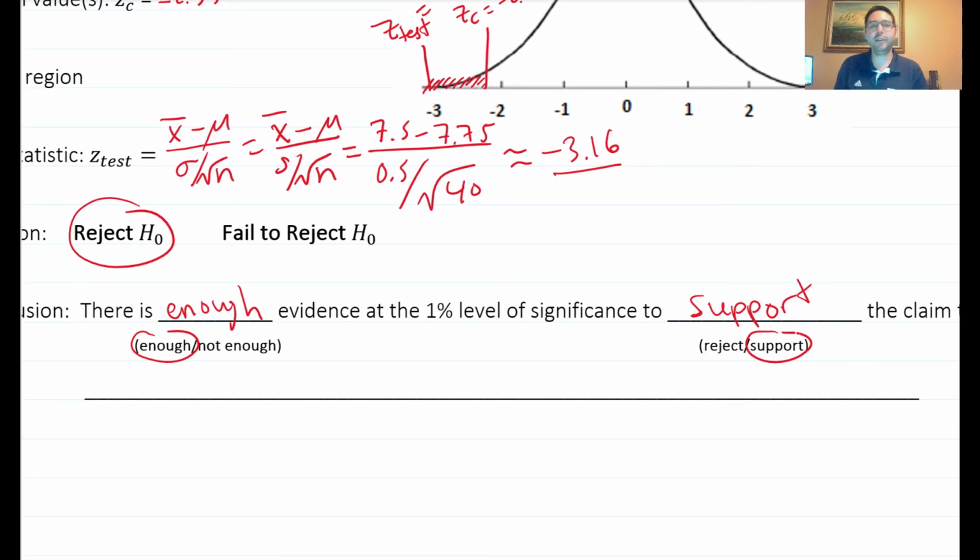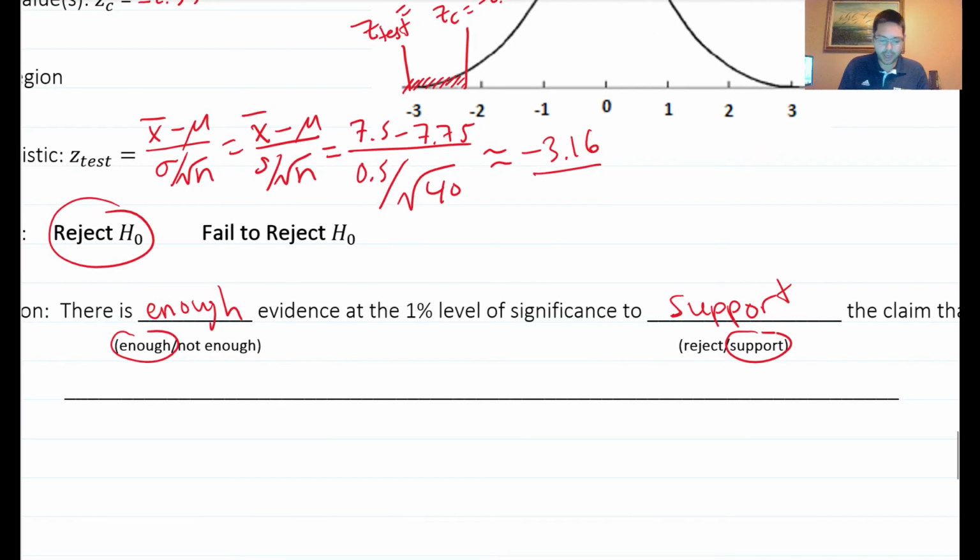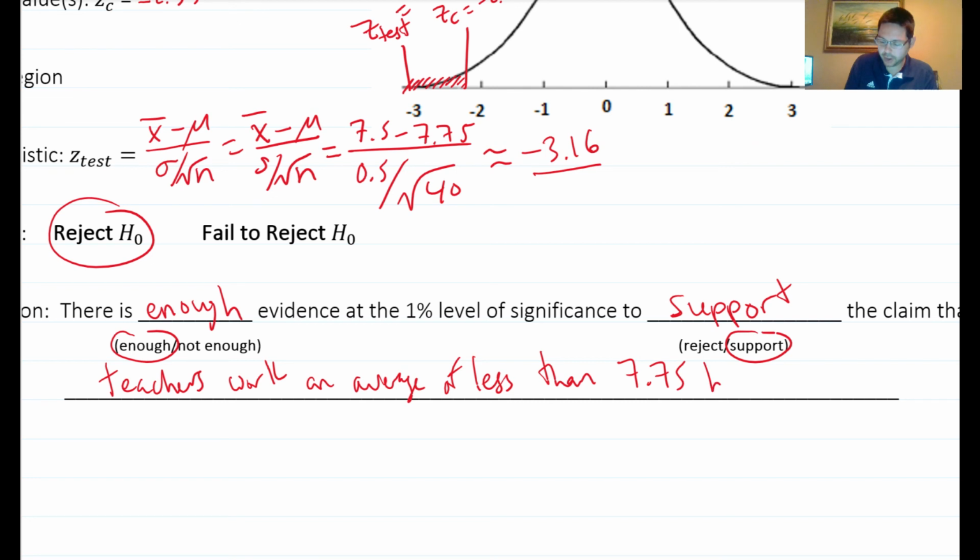So there's enough evidence at the 1% level of significance to support the claim that teachers work an average of less than 7.75 hours per day. All right, just kind of restate the claim in your own words, or use the claim that they give you.